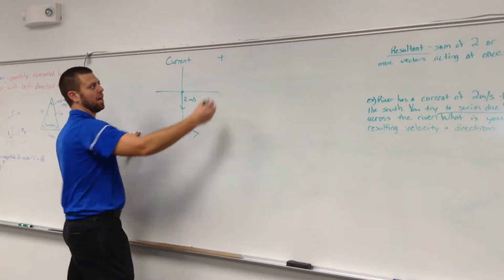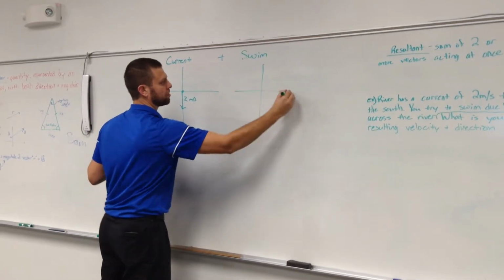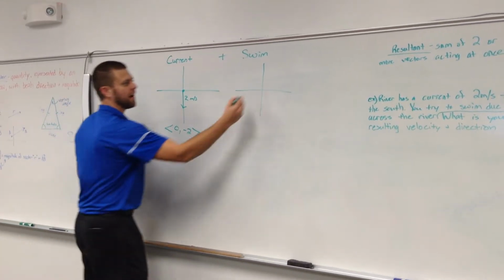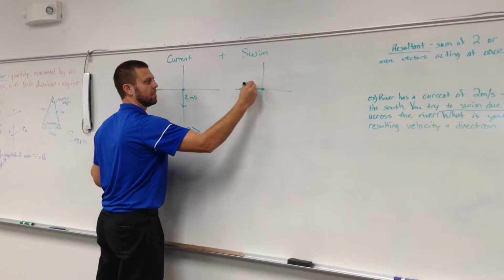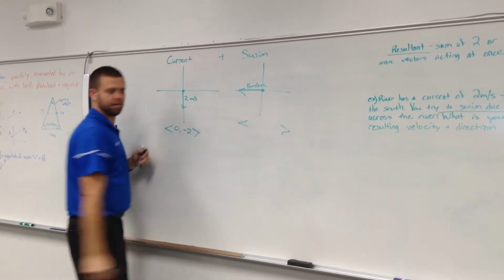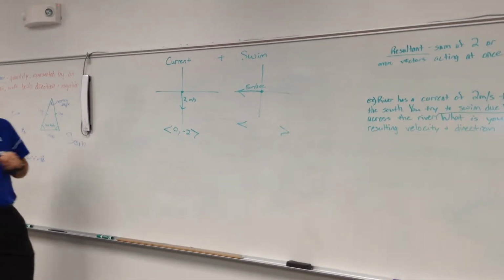And we're going to add on what the swimmer's trying to do. Swimmer's trying to do what? Go west at 5. Swim due west at 5, so I'm going to draw that person's vector. How could I write that as an ordered pair? Negative 5, 0.